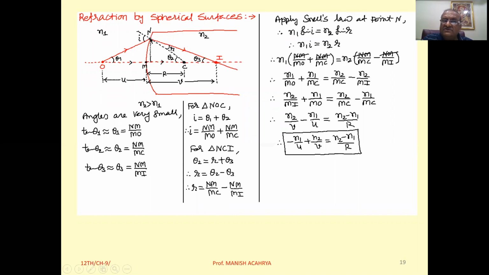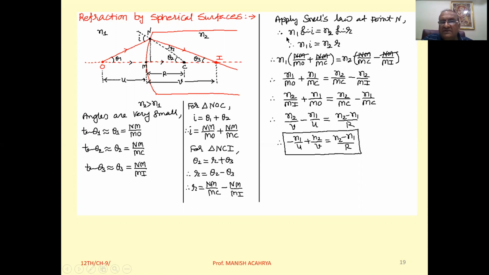Now apply Snell's law at point N. Then we can write N1 sin i is equal to N2 sin r. But i and r are very small, so we can write sin i is equal to i, and sin r is equal to r.